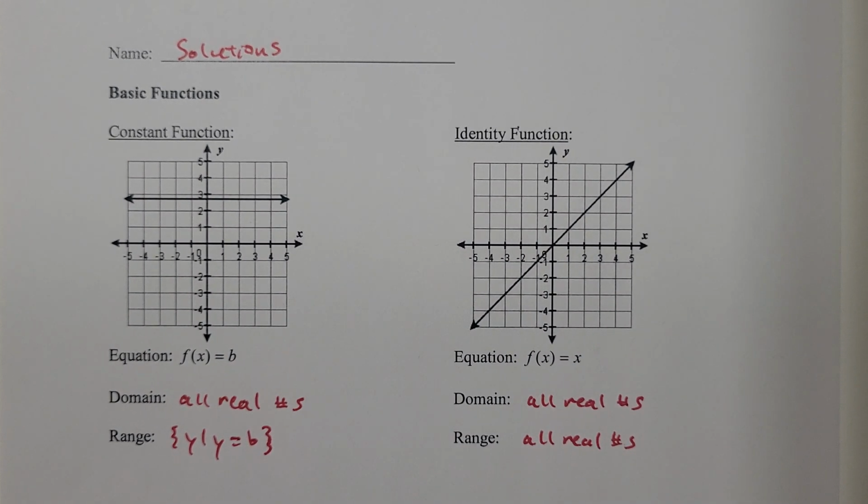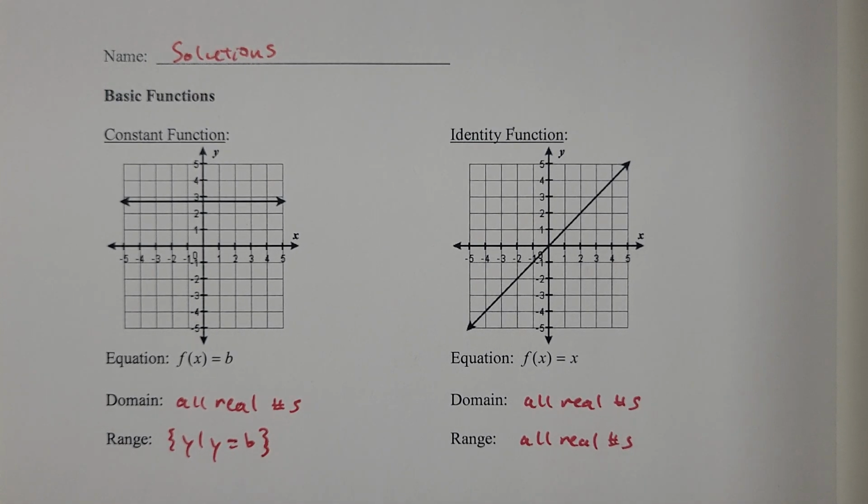Now the domain and the range are things that we'll talk about in the next section in more detail. The domain of a function is the set of all input values, so what's going into the function, the set of all x values, and the range of the function is the set of all y values, or the set of all output values, so what's coming out of the function. And there's a difference between what's going in and what's coming out of the function, okay?